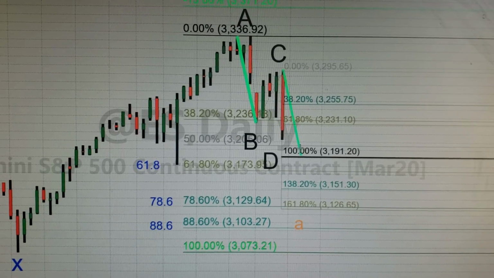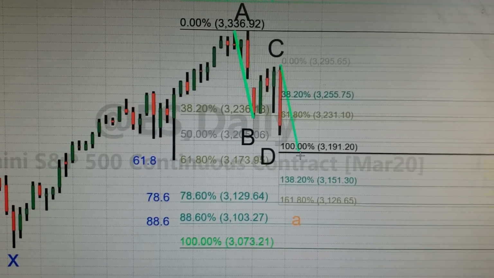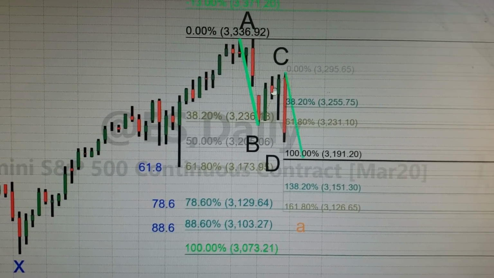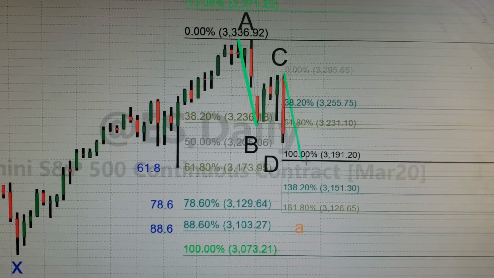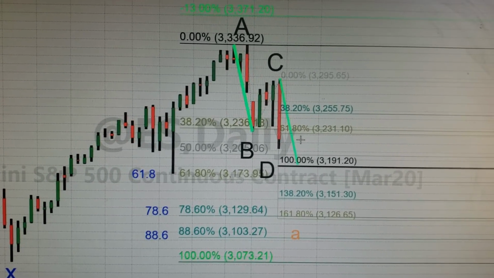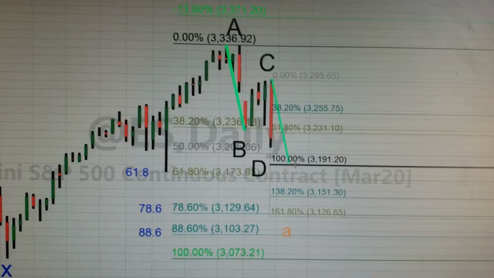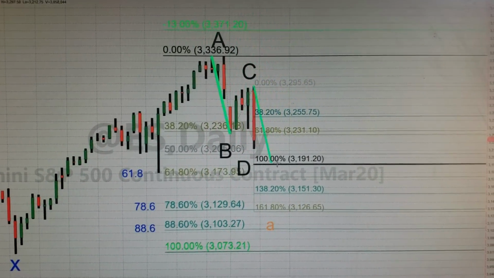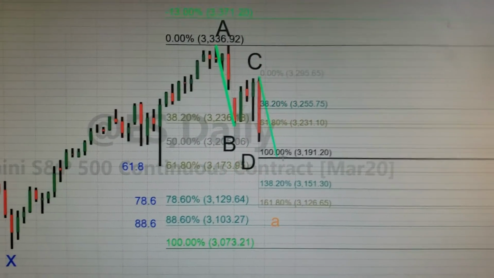And that is 0.61 longer than this measured move AB equals CD. So it's 61% longer than that equal measured move, which is also a Fibonacci number, which is a long extension, which is a long C wave, if you will.